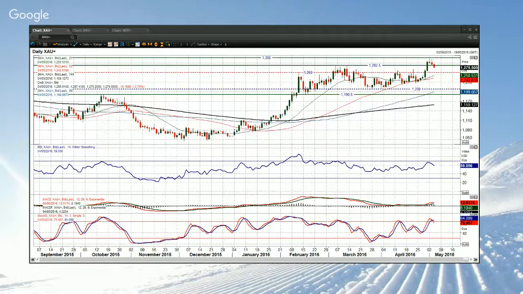So 1260 to 1270. If you lose 1260, I think that would be a little bit of a concern for the bulls. But you could still argue that whilst you're above 1225, you're still arguably intact with a bullish move.